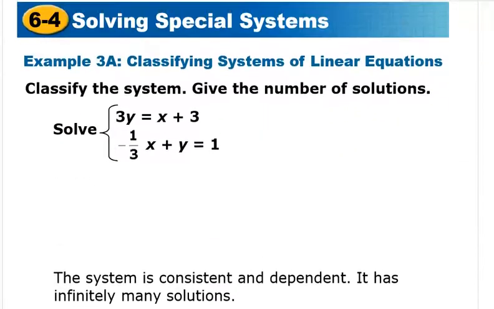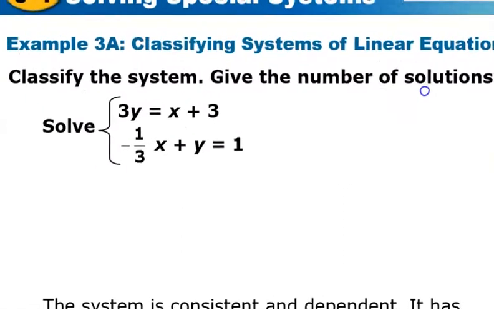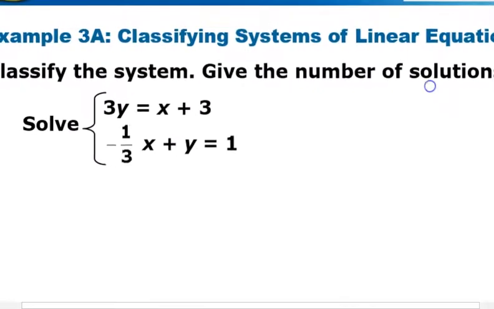So let's do a couple more. So we're going to classify the system and give the number of solutions. So I know you probably already saw the answer there, but let's solve it, see what happens. So let's see here. I'm going to take this one. And I like to use the substitution method. I just like it better. I'm going to get x alone because I see that x is already kind of alone. I'm going to subtract that 3 over. And I get x equals 3y minus 3.